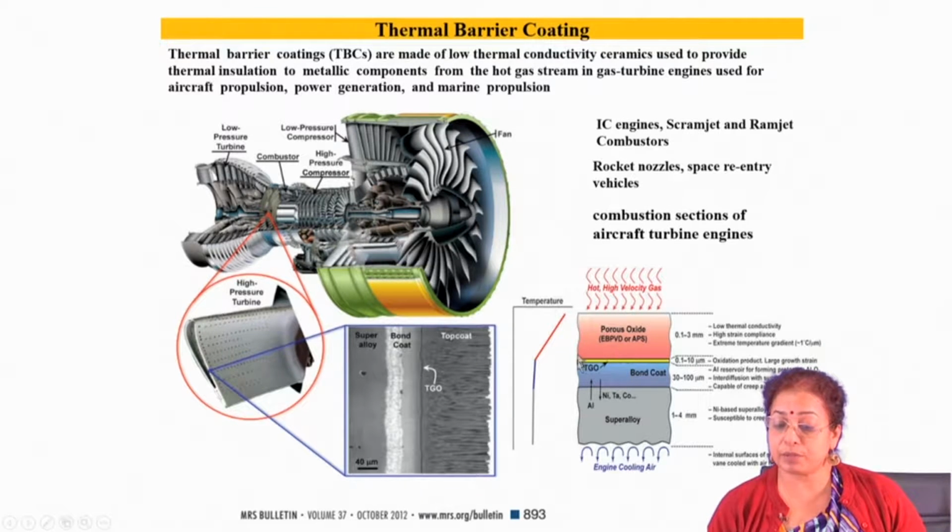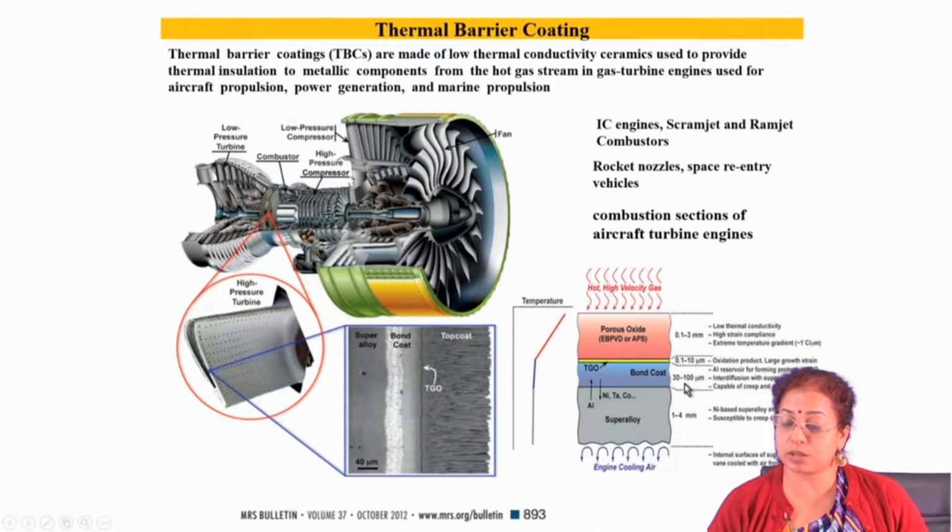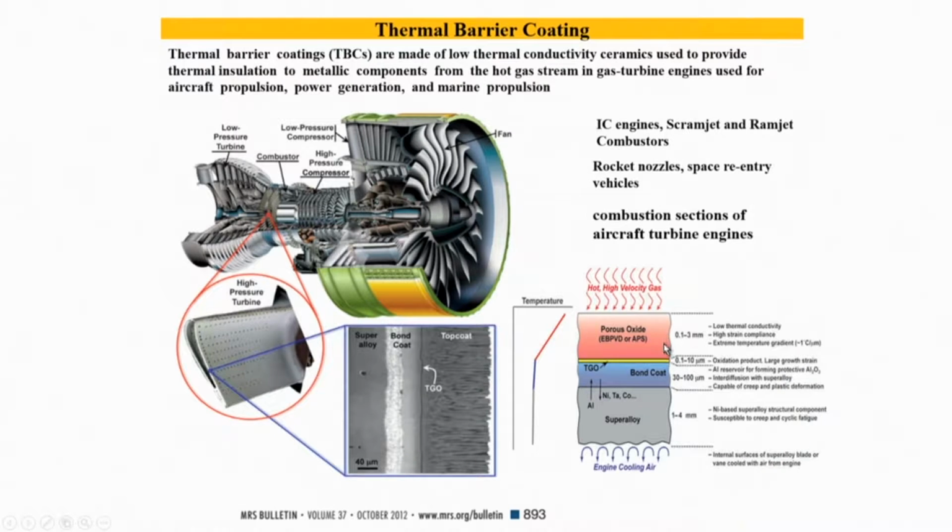If you look at the temperature profile through the coating, because of the application of the coating, or maybe the design of the coating, you will find that this is the superalloy, which has a bond coat of thickness 30 to 100 micron. Then the top coat thickness is 100 to 3000 micrometer, and then usually the TGO layer has a maximum thickness of 0.1 to 10 micron.